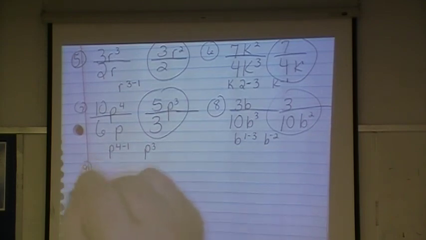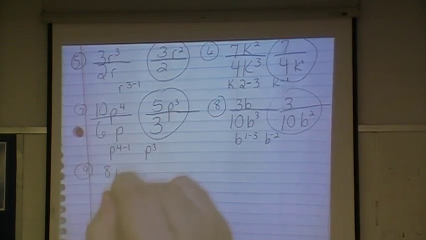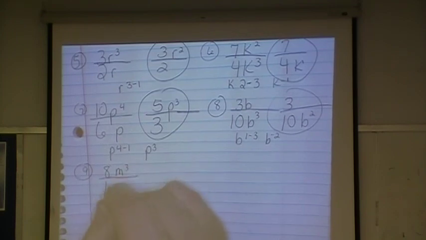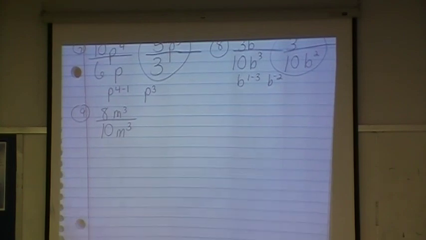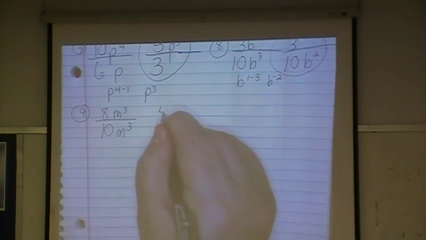All right, number 9. 8m cubed over 10m cubed. Avery Light, this is your problem. Tell me what I'm going to do to it. Okay, what are they going to reduce to? 4/5.